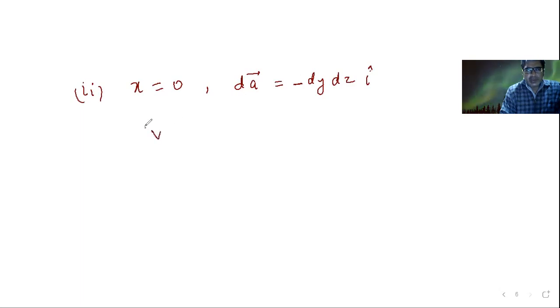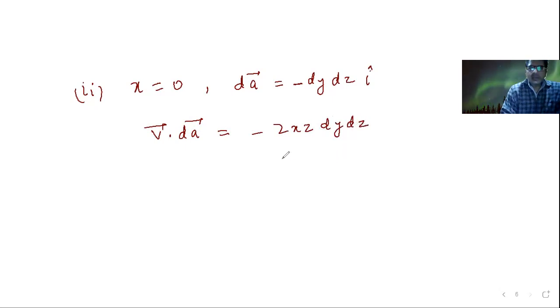Again we find v dot dA. v dot dA is minus 2xz dy dz. Minus is this minus, 2xz is x component of v. So we have multiplied that by dy dz. It is simply 0.